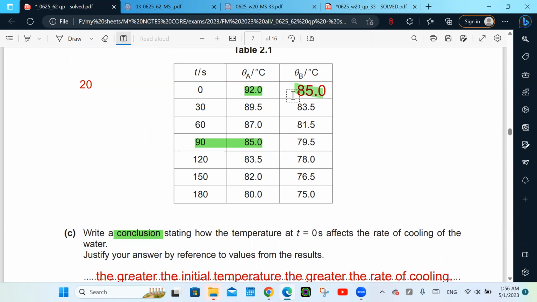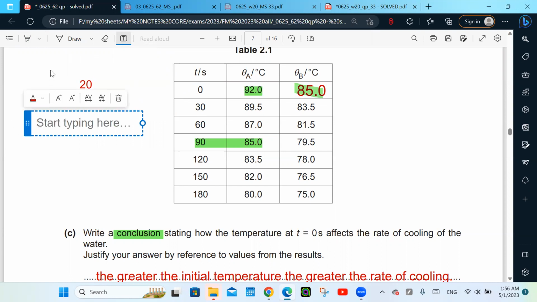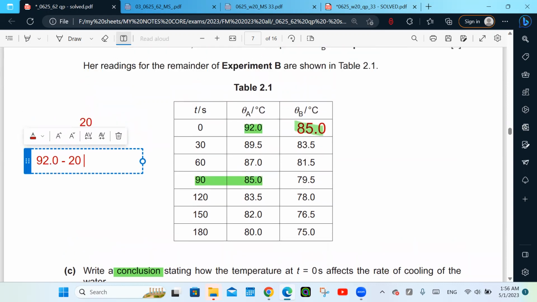Of course, the difference between 92 and the room temperature, which is 20, just as an example, is approximately 70 something.